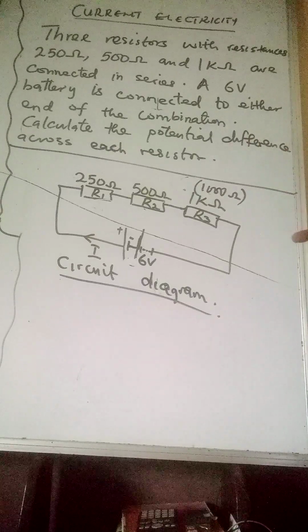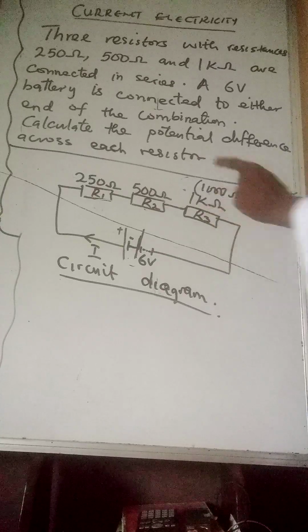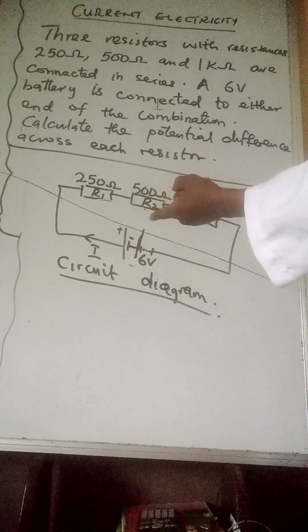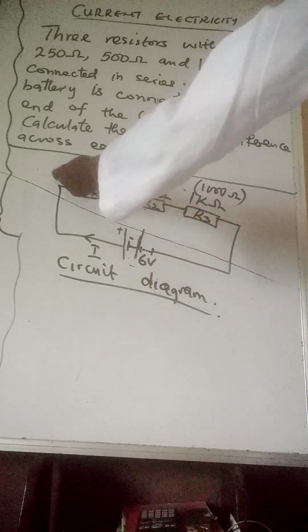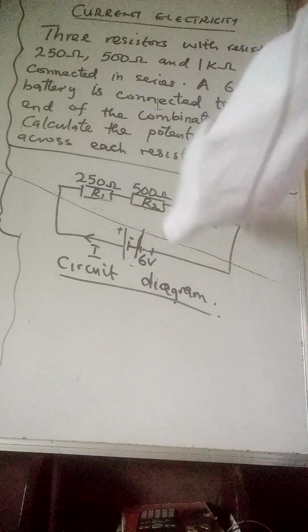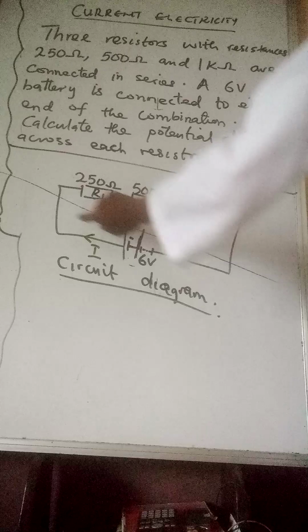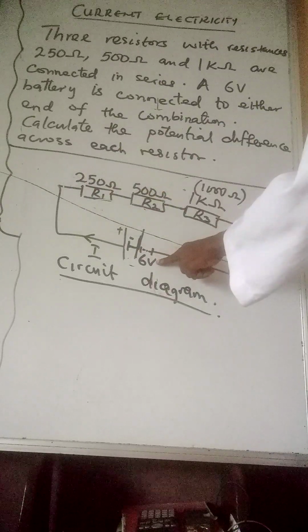You should realize again that when resistors are in series, they cannot use the same voltage, but only the same current. That means this voltage can only be used by the combination of all these three. Not that one of them can use this. No. The combination of these three together will hold this.